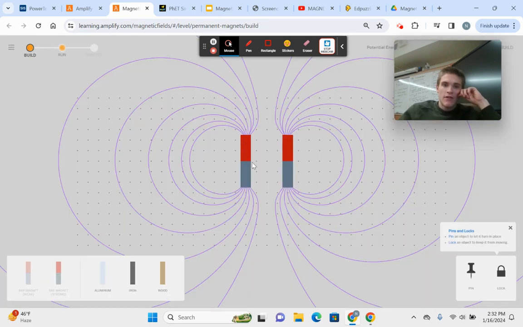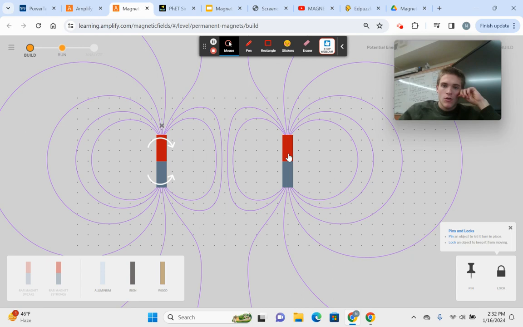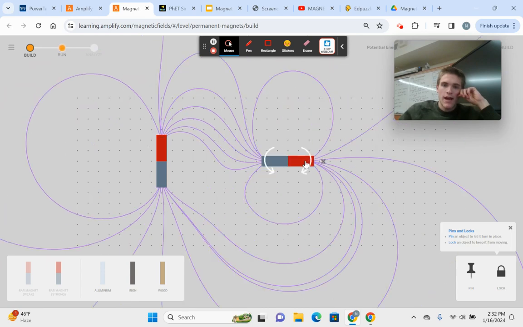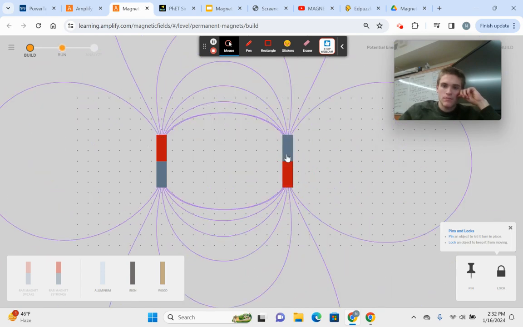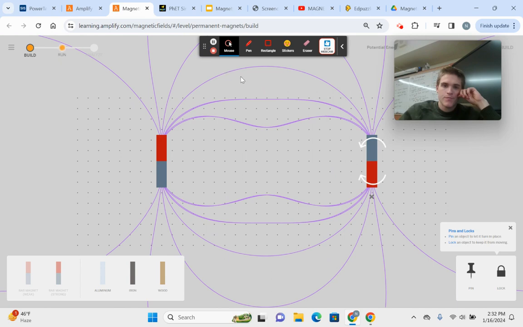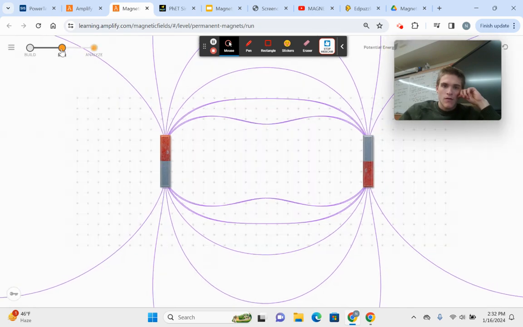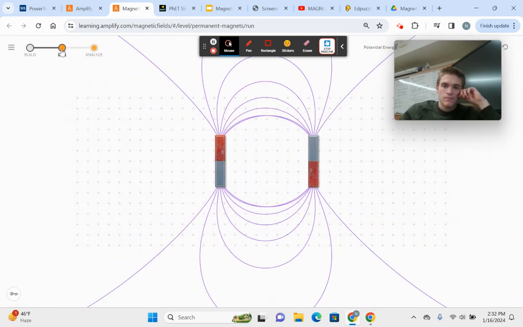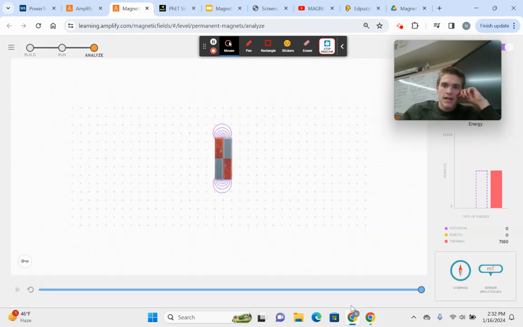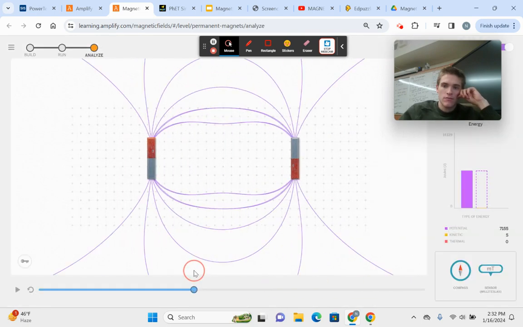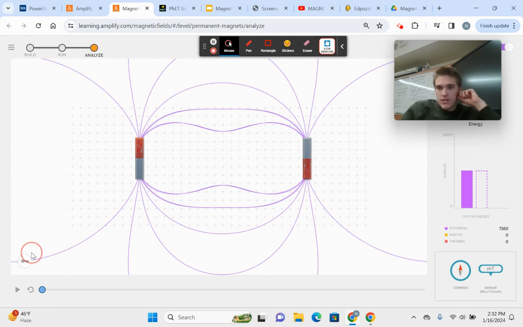We can do this very same thing with a rotated magnet. As they attract to one another, we have a lot of potential energy.